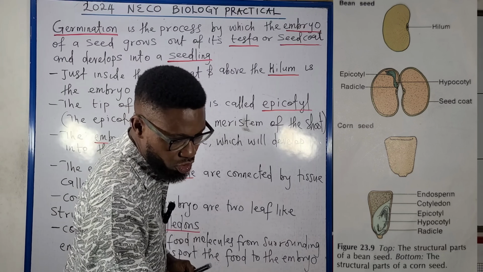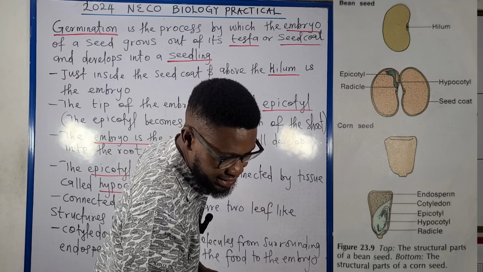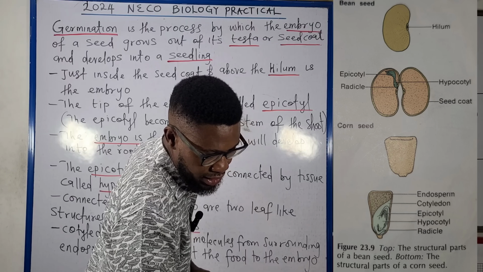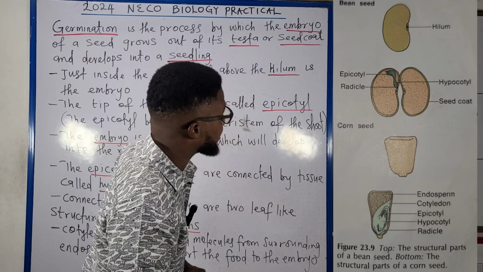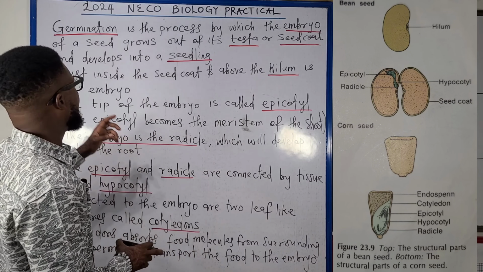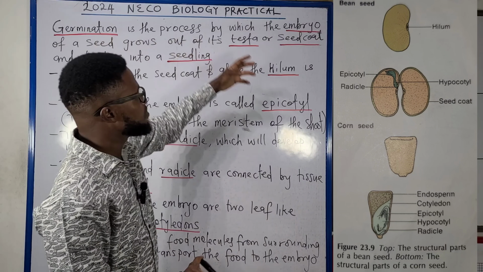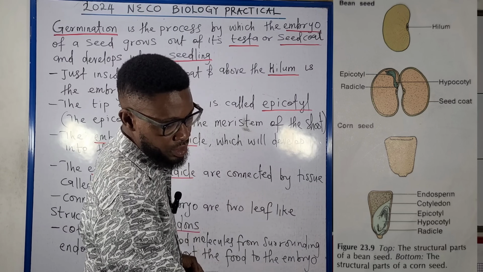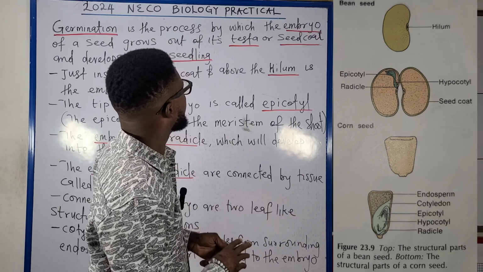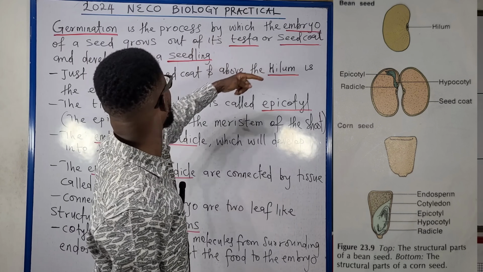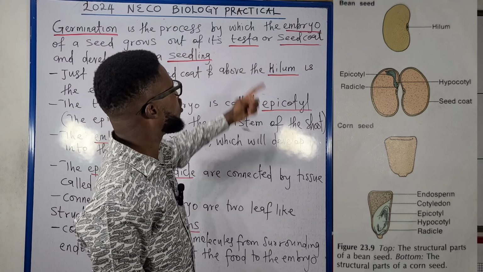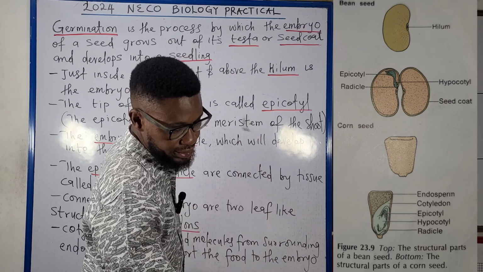So the green structure that you have on the inside of that bean seed is exactly what we call our embryo. So germination simply means the embryo, the green structure, growing out of its testa or seed coat.